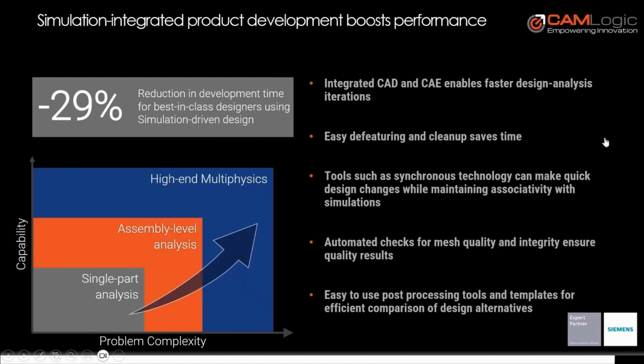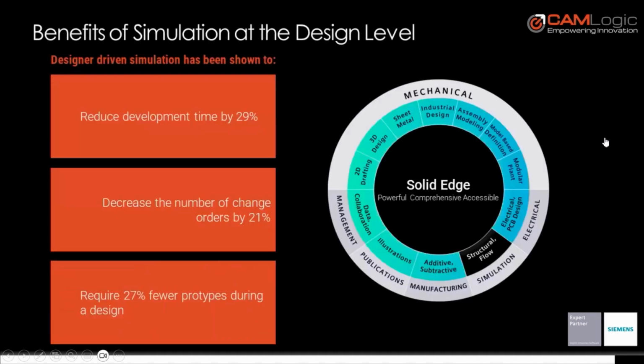Putting simulation into the hands of your engineers enables them to validate their designs more frequently. This allows for the creation of more concepts, improves the quality of those concepts, and reduces the overall design time. When surveyed about changes in their performance, most organizations noticed about a 21% drop in the number of change orders.